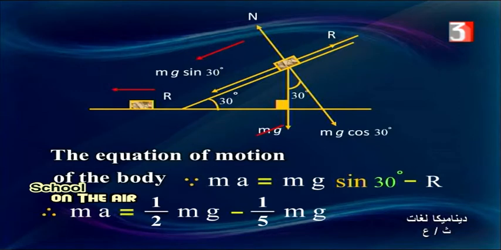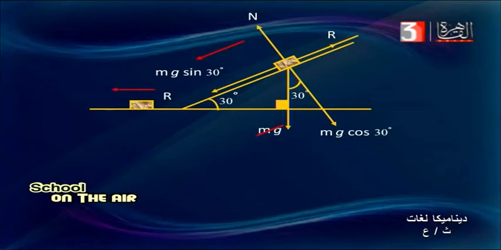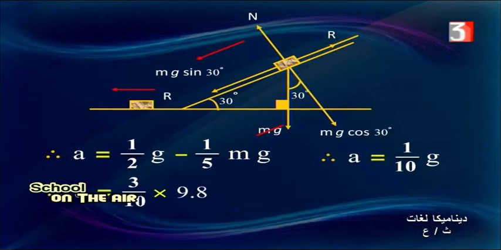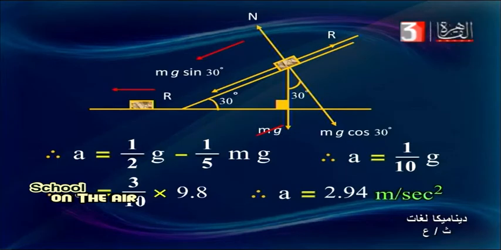We can divide both sides by m, then the acceleration A equals half g minus 1 over 5 g. Then the acceleration equals 3 over 10 g, or 3 over 10 times 9.8, then the acceleration equals 2.94 meter per second square.